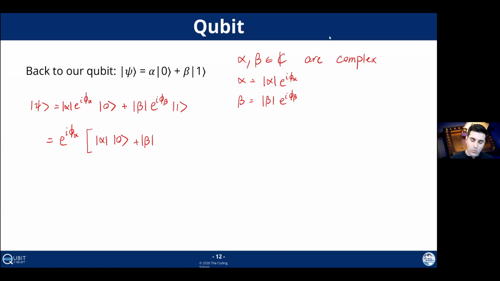Since I factored out an e^(i phi alpha), what I'm going to have here is e^(i(phi beta minus phi alpha)), of course, in front of the 1 state. Okay, so far so good.